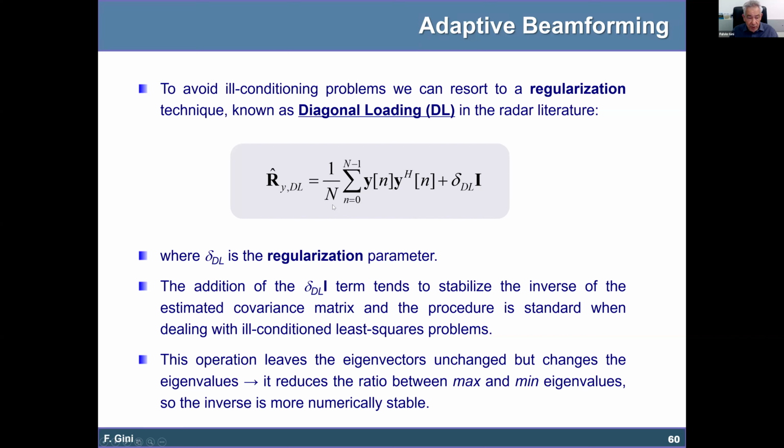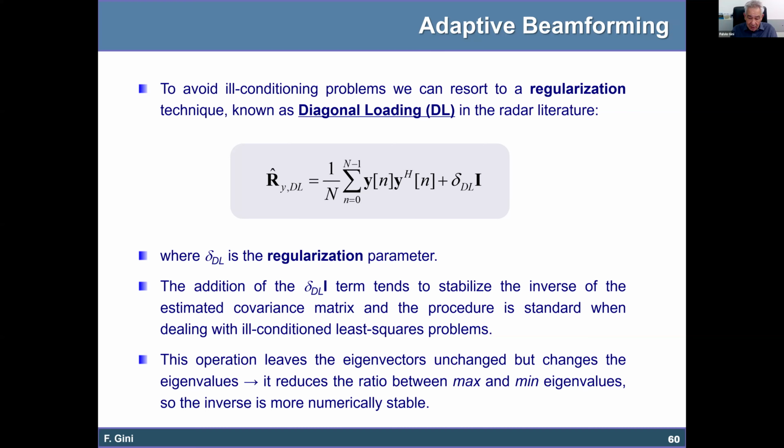So it is as if you assume that the data covariance matrix is the identity matrix. So when delta increases, it tends to the classical beamformer that assumes this matrix to be the identity matrix. So basically, when delta tends to 0, you tend to Capon. When delta tends to infinity, you tend to the classical beamformer.